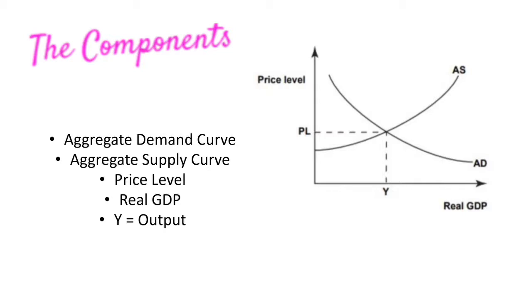You might need to refresh your memory if you didn't remember those 2. On the y-axis we have the price level, on the x-axis we have the real GDP, and Y is a symbol that we use for output. So it's sort of like quantity.